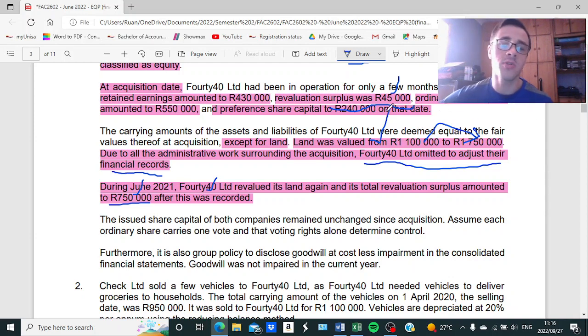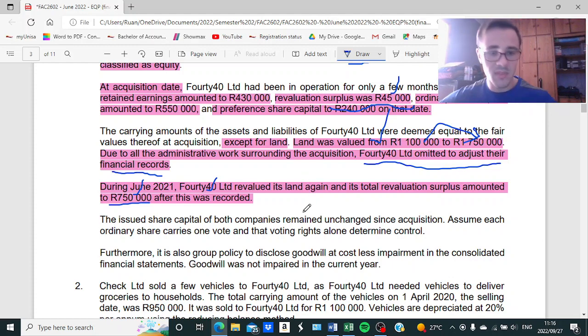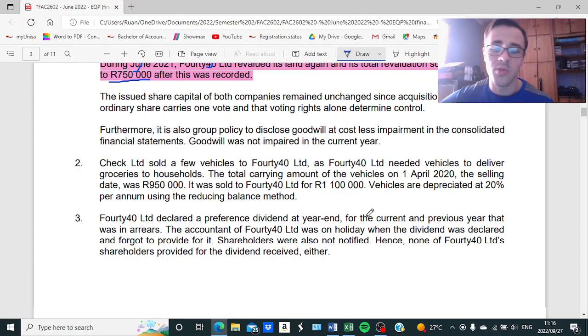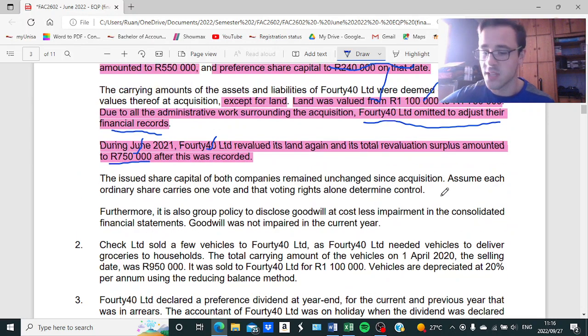So all you're doing is calculating the correct balance for revaluation surplus at acquisition, and then calculating the difference between that amount and the year-end balance to give you the current year's revaluation surplus. I hope that is clear. Apologies if it is a bit confusing. Believe me, you are not the only ones who found it confusing, because it confused me as well.